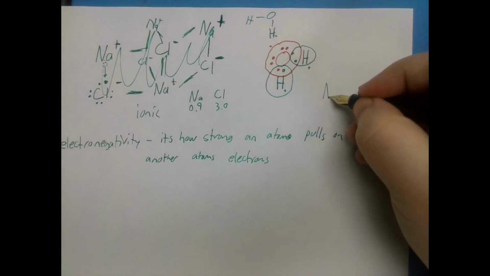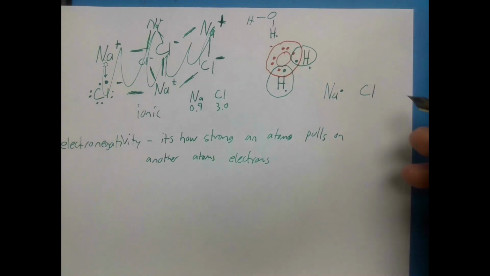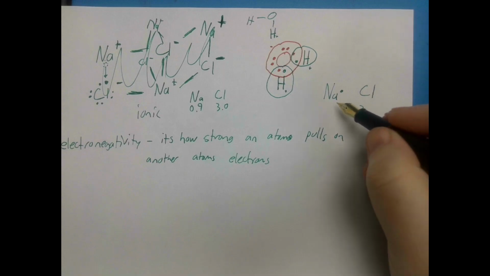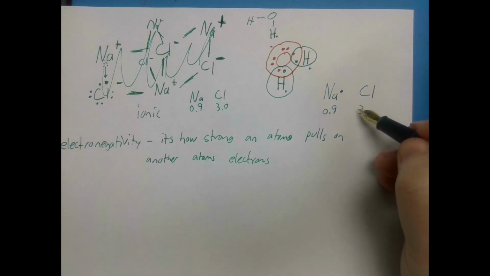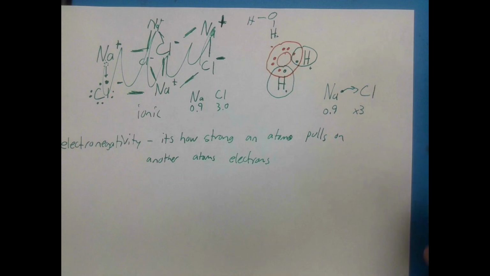That means if we take this one electron here, chlorine has almost 3 times the pull than sodium does. So it can pull almost 3 times as strong, and it will come over here and steal it.